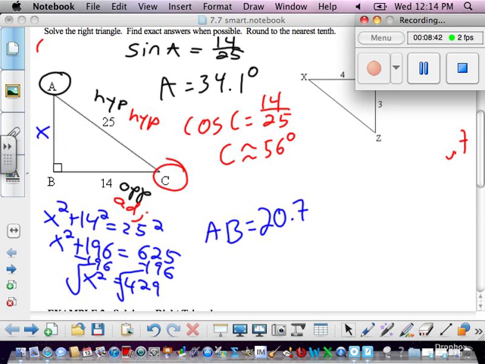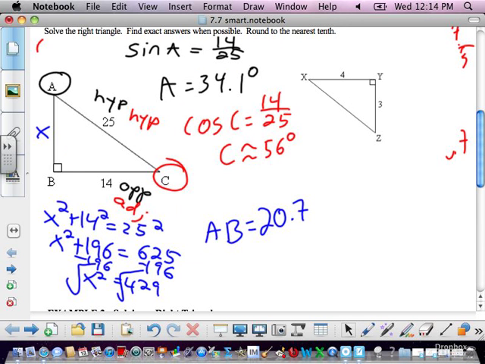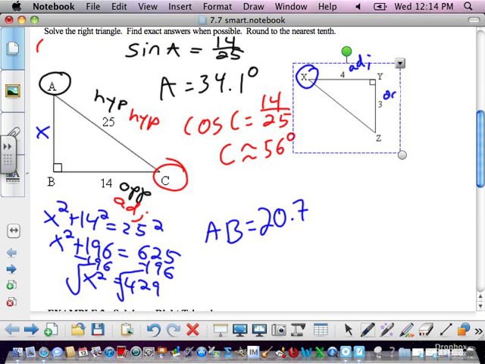All right, so we now need to make sure we have everything down for part B. Okay? So we want to find x first. So we've got adjacent and we've got opposite.